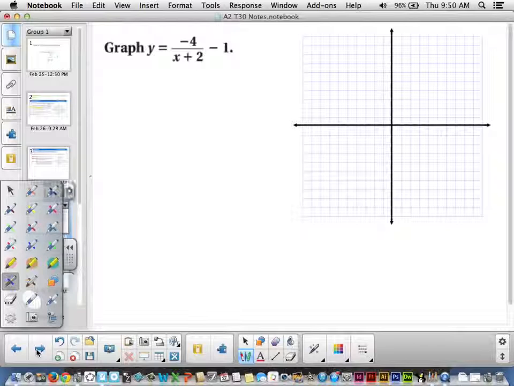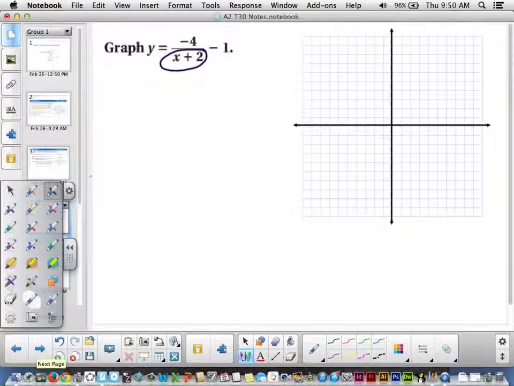We're going to start: what are the asymptotes? All right, h here is -2. That's our vertical asymptote. Remember, it's the opposite of what you see in there. So our vertical asymptote here is at x equals -2. So we'll graph that.